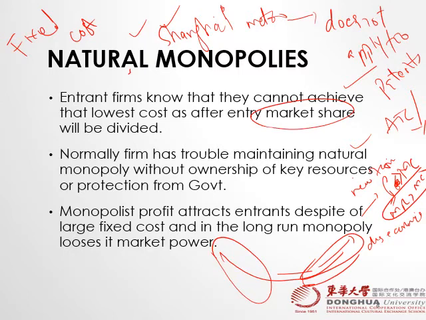We will learn what happens when the price is greater than MC or price greater than average total cost. The new firms start entering the market and give this natural monopoly tough competition, and at the end either they both survive, like Coca-Cola and Pepsi, which constantly fight with price to gain market share.